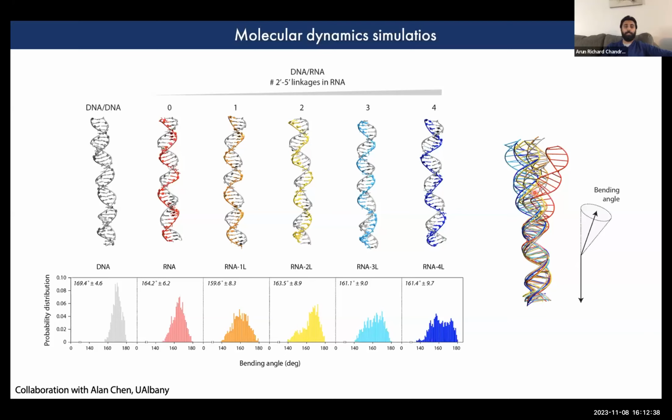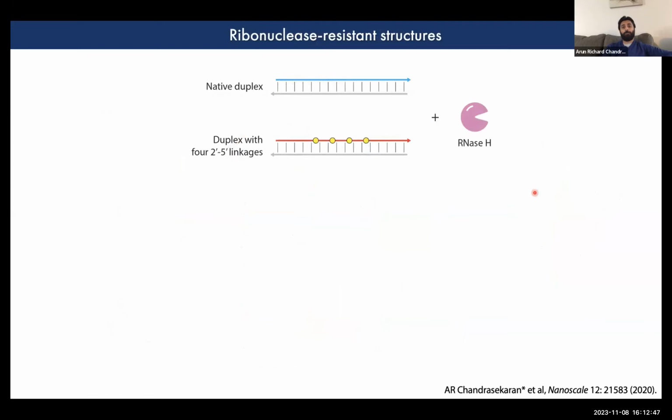And after these characterizations, we then wanted to see how these structures can be useful in nucleic acid nanotechnology. So one aspect of 2'-5' linked RNA that is already known is that these modifications can resist nuclease degradation by RNases. And that's also why they are starting to be used in antisense therapeutics.